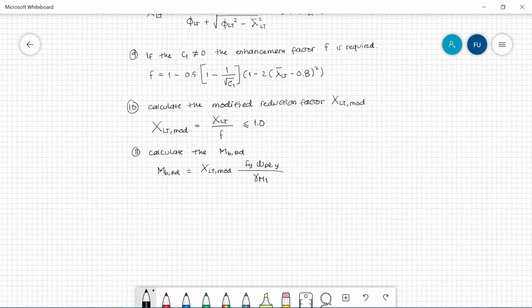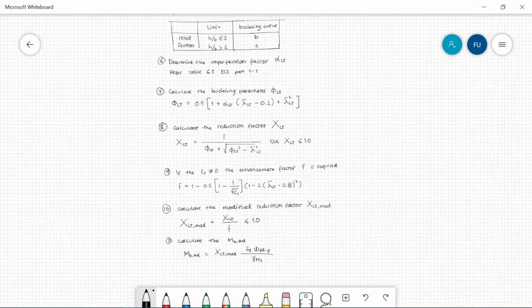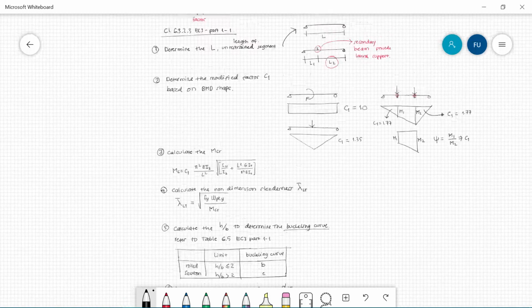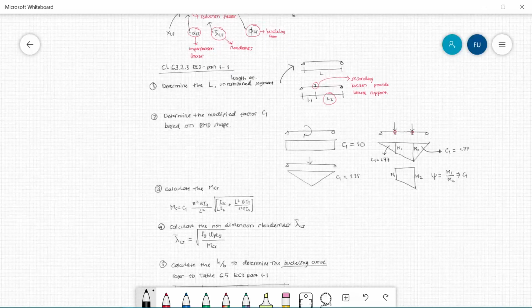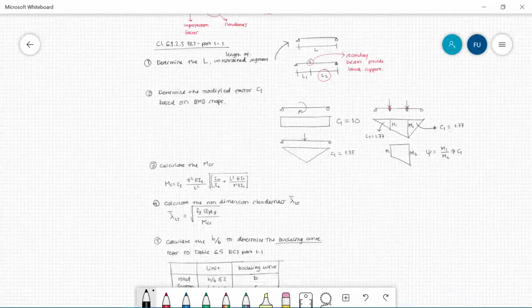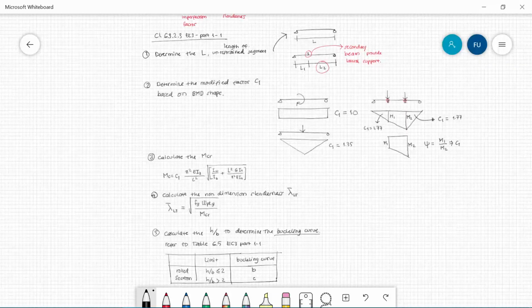That's all the long steps of determining the buckling design resistance to bending moment.